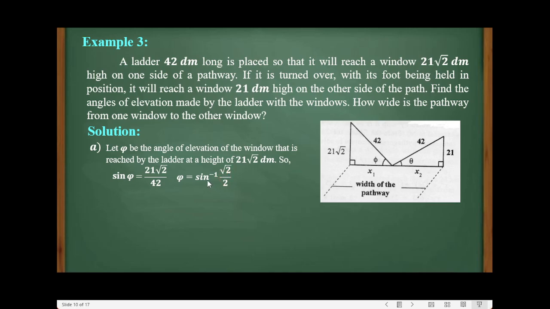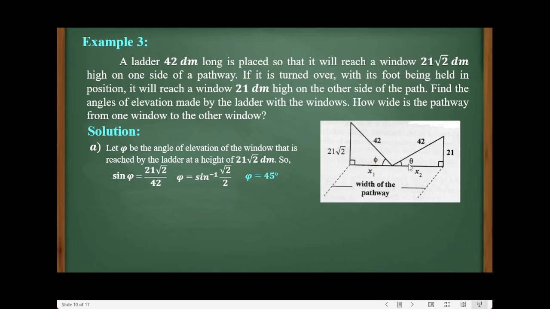Okay, so if we get the arcsine of that value, it will give us a special angle. And what do you think is that special angle? It's actually 45 degrees. Okay, so this is the angle of elevation denoted by P.